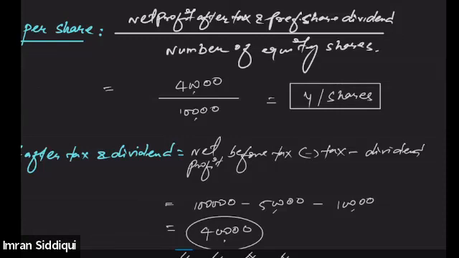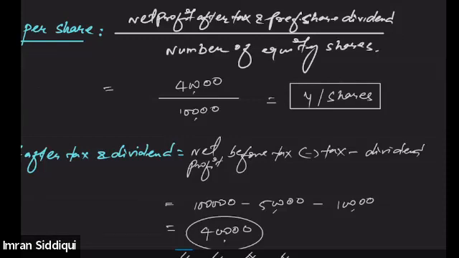Got it? Is this clear to you now? Yes, sir. Where did you make the mistake? Because the question was very easy. Where did you commit the mistake, by the way? Sir, I added tax and dividend. You have added it. Okay. All right, so therefore it was wrong.